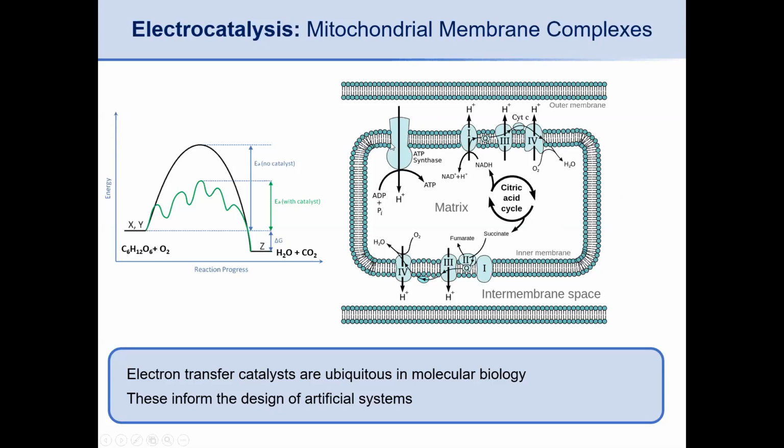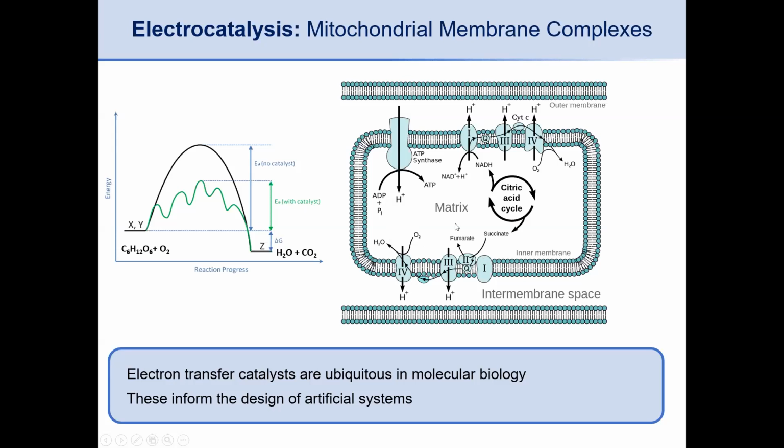So here is an example of the electron transfer pathway in which we're taking products of the citric acid cycle and oxidizing them and taking those resultant electrons, shuttling them through these different membrane proteins towards oxygen, which is the final energy sink.